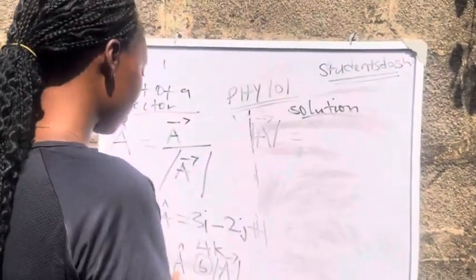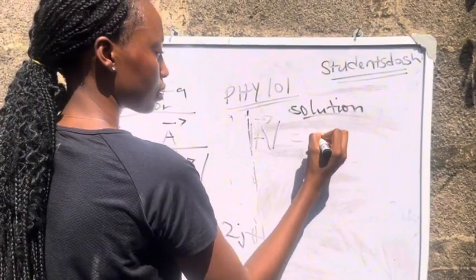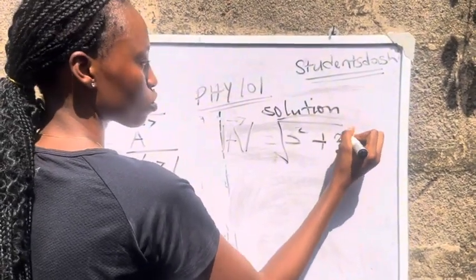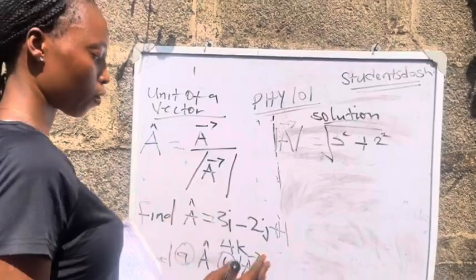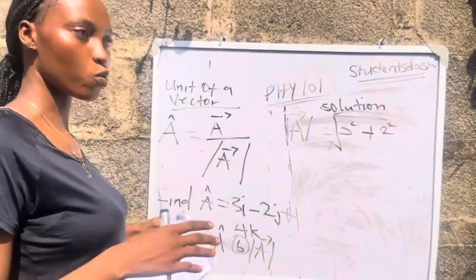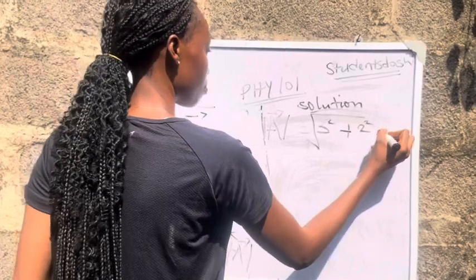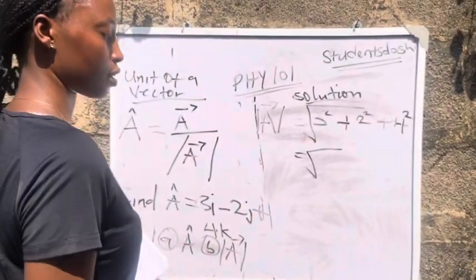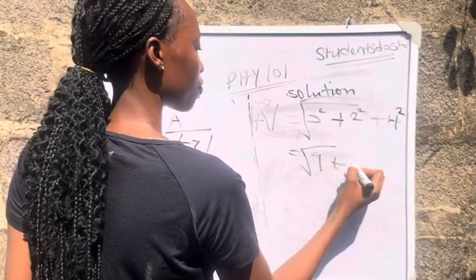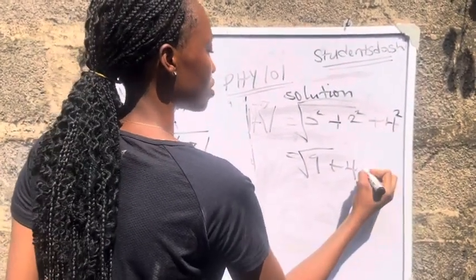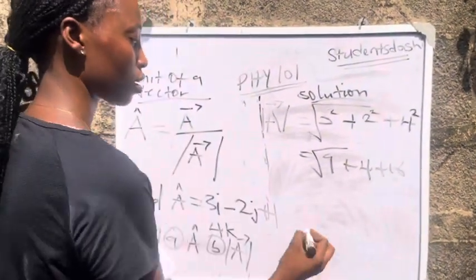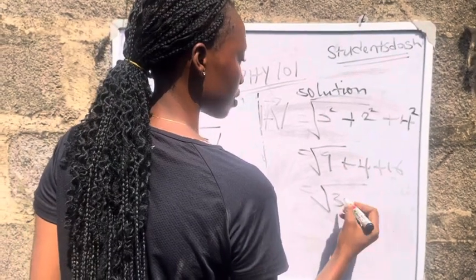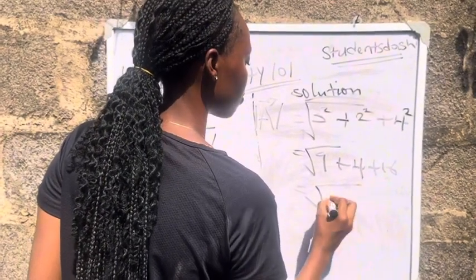So we have our values: the square root of 3 squared plus 2 squared. Like I said before, minus times minus will give you plus. Look at it here, plus 4 squared. 3 squared will give you 9, 2 squared will give you 4, and 4 squared will give you 16. 9 plus 4 plus 16 is 29.